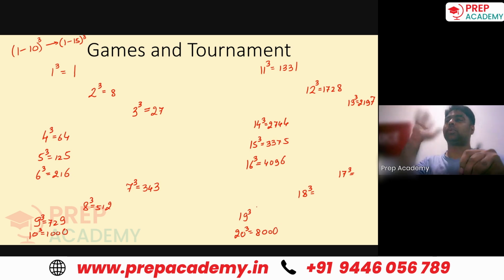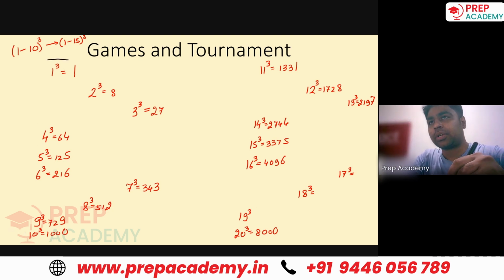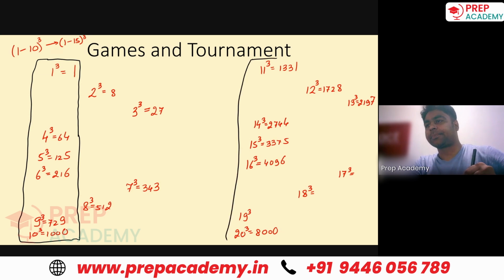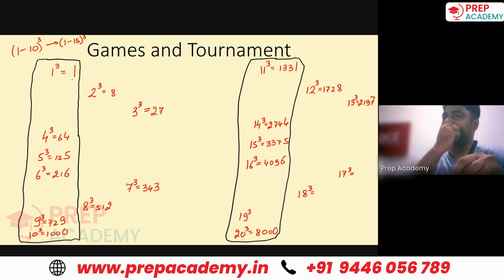Okay. Now, let me discuss with you why I wrote all these numbers in such a fashion. If you see these numbers, these are straight numbers. These are good numbers. What do I mean by that? I mean that any number ending with a 1, its cube will end with a 1.